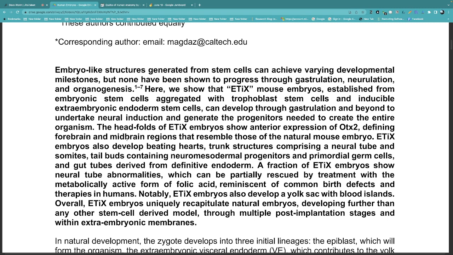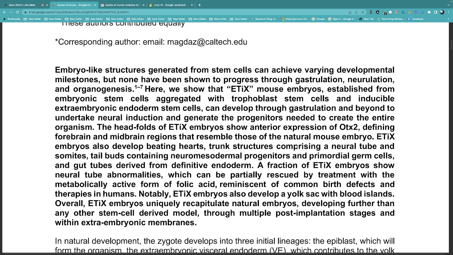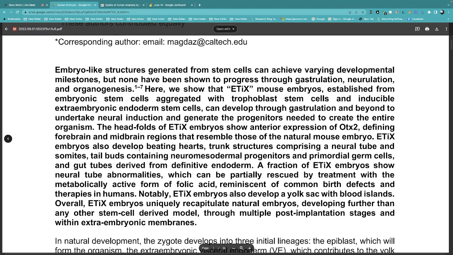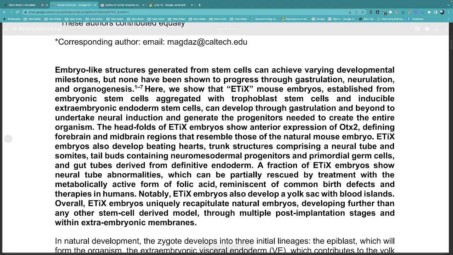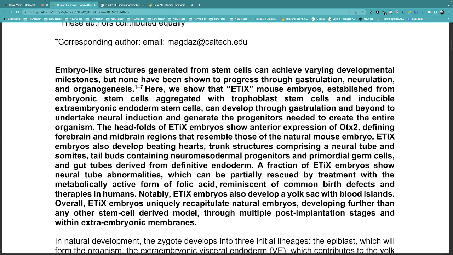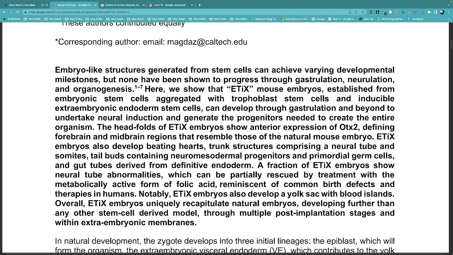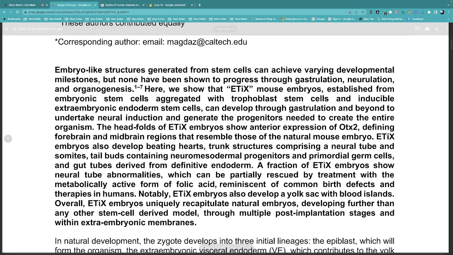So there are these differences that you can identify in these models. This looks like a natural mouse embryo if you compare them. Then they also develop beating hearts, trunk structures, which is the formation of a neural tube. So you get these areas that are analogous to the mouse embryo where you're getting neural development.